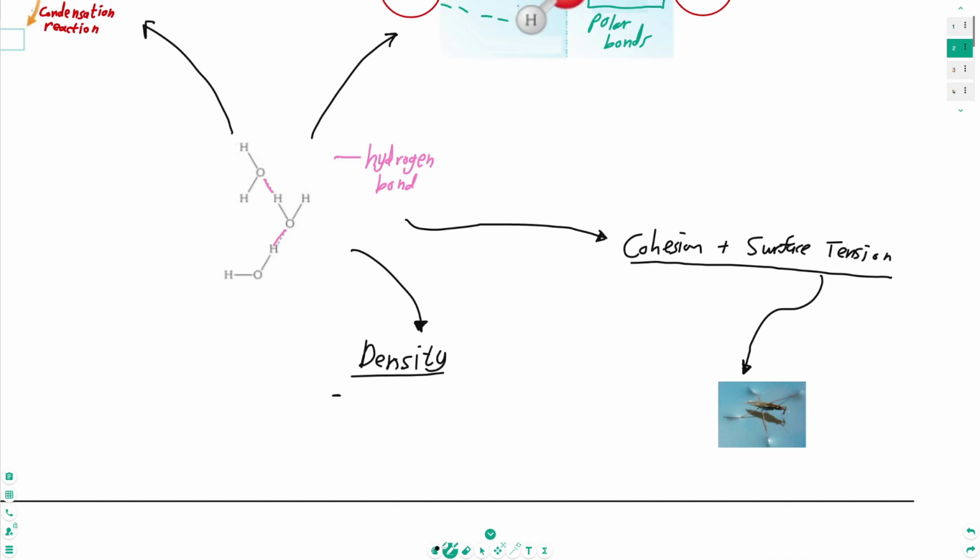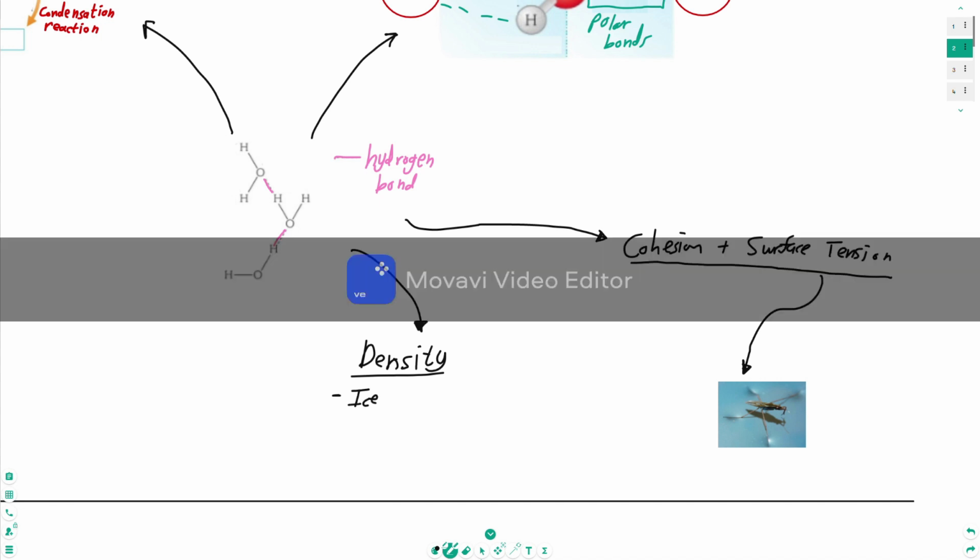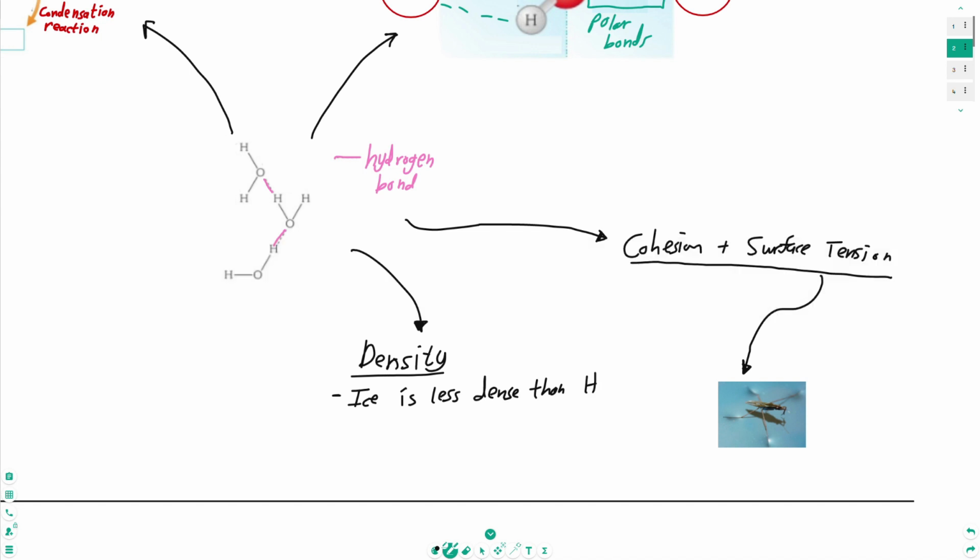So that's why ice is less dense than water. And this is critical for aquatic organisms because it provides a stable environment.